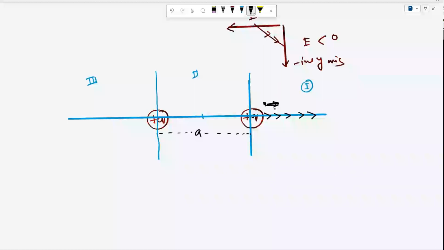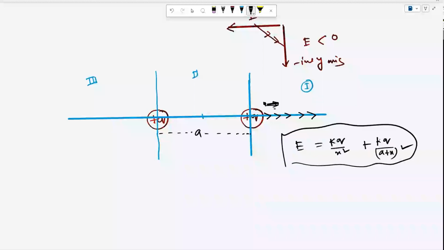Then electric field at this point, the expression I am just writing is something like this. If the distance is x, it will be kq by x square plus the electric field due to this one, that is kq by (a plus x) whole square. So you can all observe that as x increases, the value of E decreases gradually.